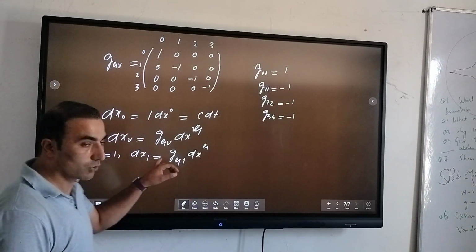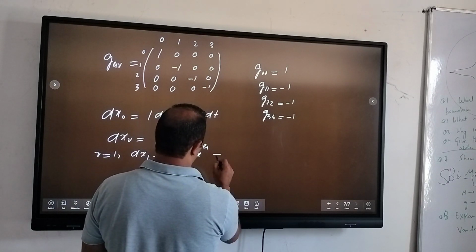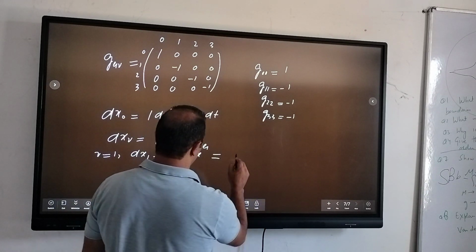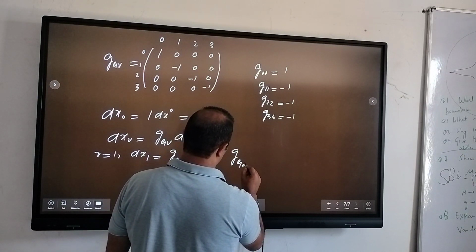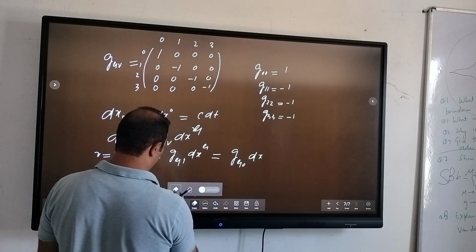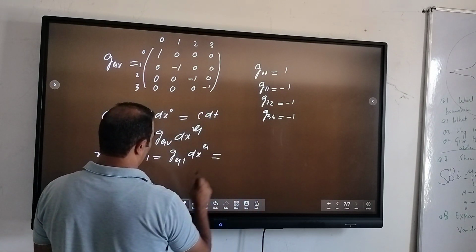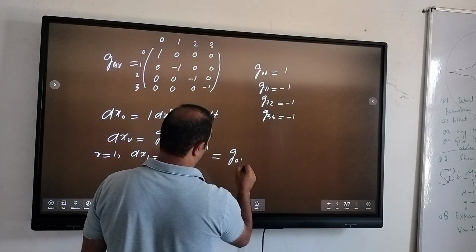Because when you put nu equal to 1, this will be g mu 1 dx nu. So this will take all possible values of mu, so you can get g mu 0, or what I wrote here. So this will be g 0 1.